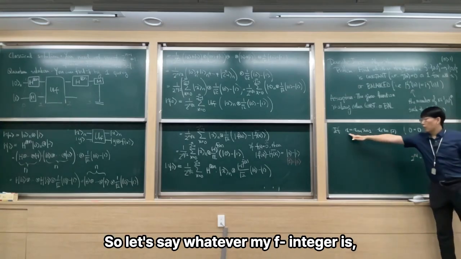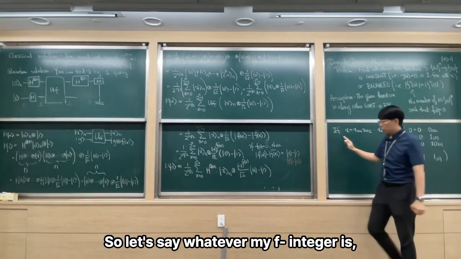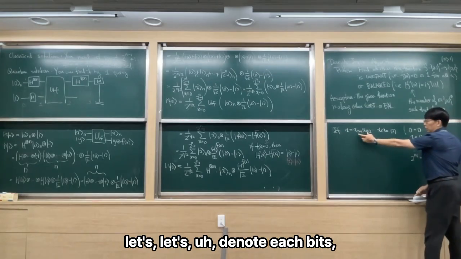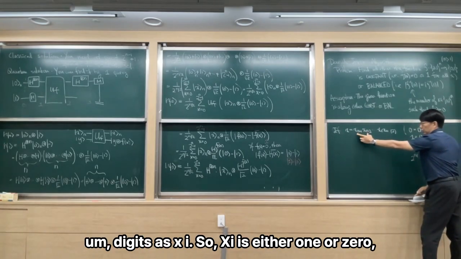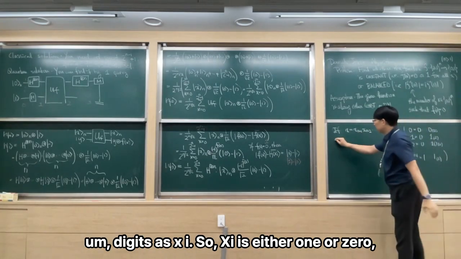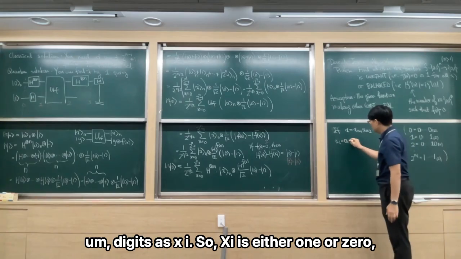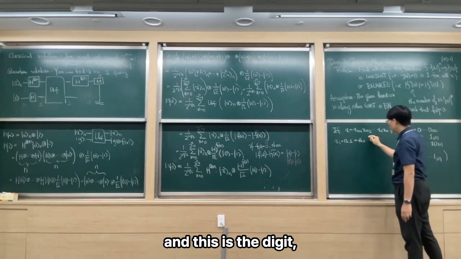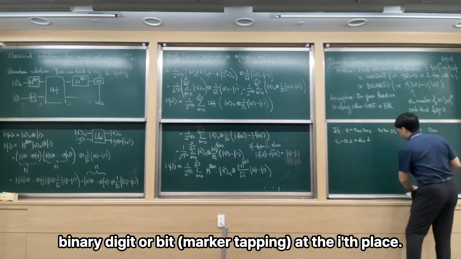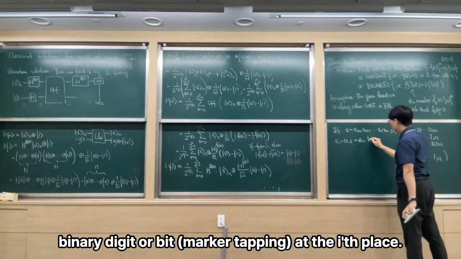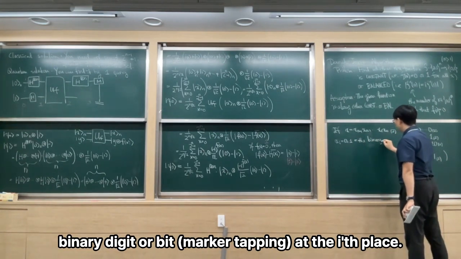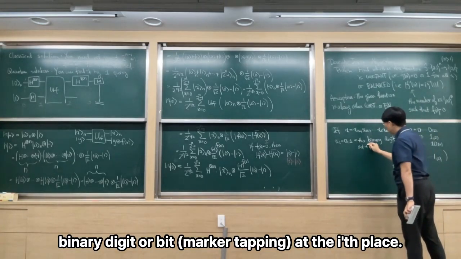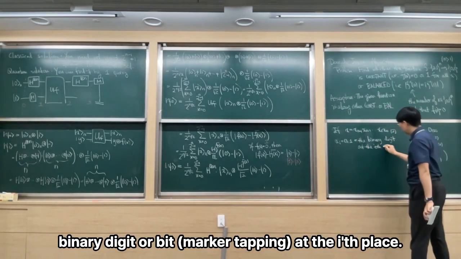So let's say whatever my integer is, let's denote each bit or digit as x_i. So x_i is either 1 or 0, and this is the binary digit, or bit, at the i-th place.